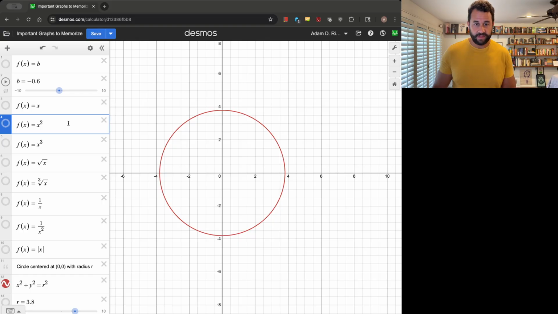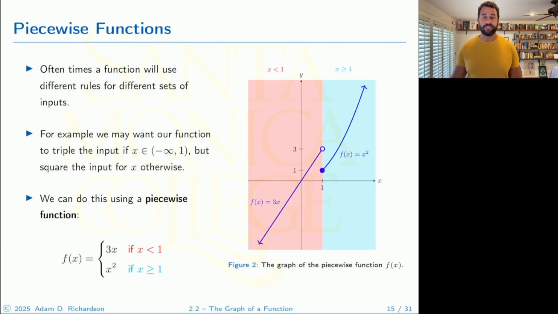All right. Now, moving along, the next thing we have to talk about are piecewise functions. What happens a lot of times is a function will use a different set of rules for different sets of inputs. That means the way the function works will change depending on what you put into it.